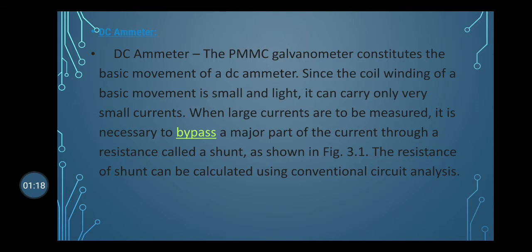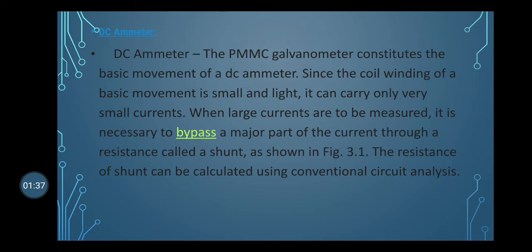But when we have to measure a large amount of current, it is necessary to bypass this large amount of current, or the major part of the current, through a resistance known as a shunt resistance.